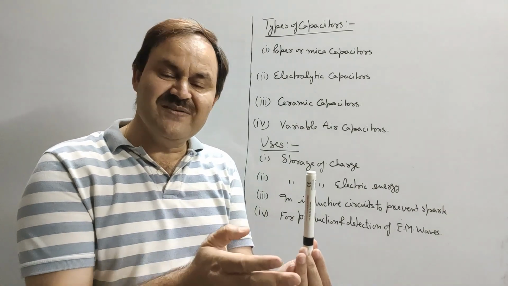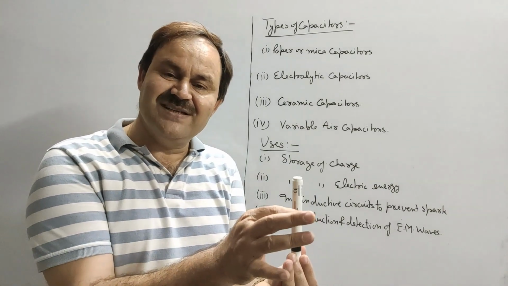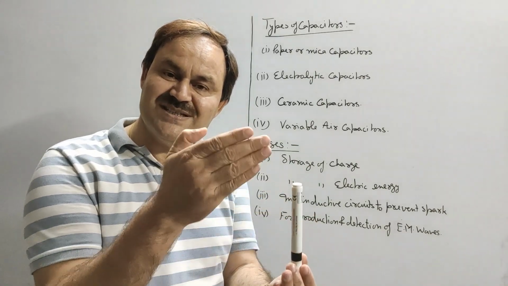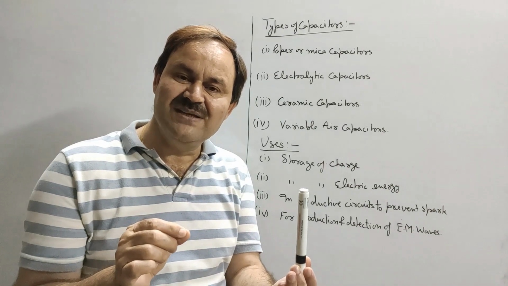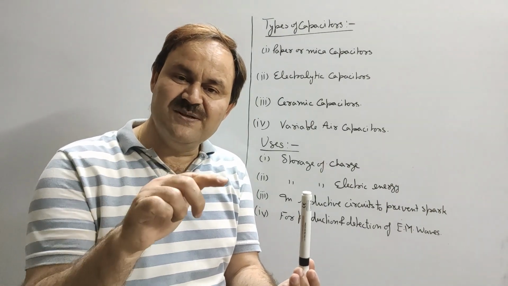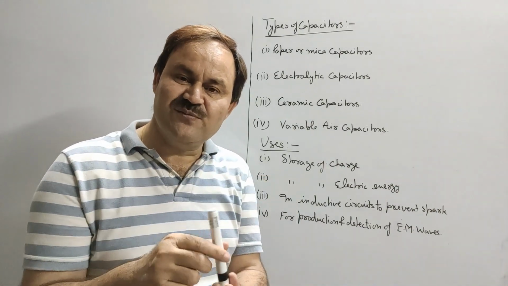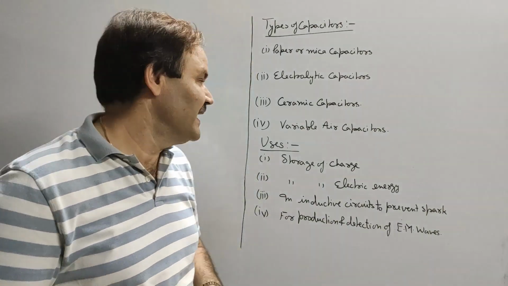Since the distance between the outer covering and the central rod is separated by aluminium oxide, the separation between the plates will be very small. If d will be very small, then the capacitance of such capacitors will be very large.